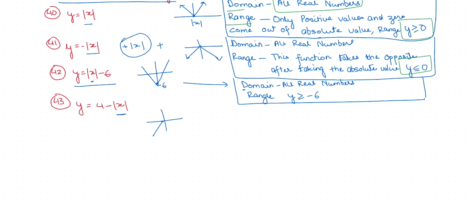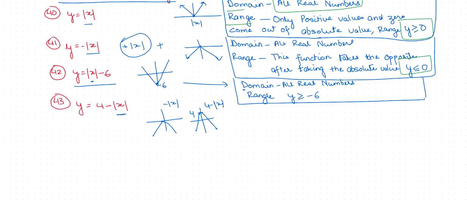This will be negative x. But then it is moved 4 units up, or 4 is added to it. Okay. So this is 4 minus the absolute value of x. It moves 4 units up like this. So this is 4.